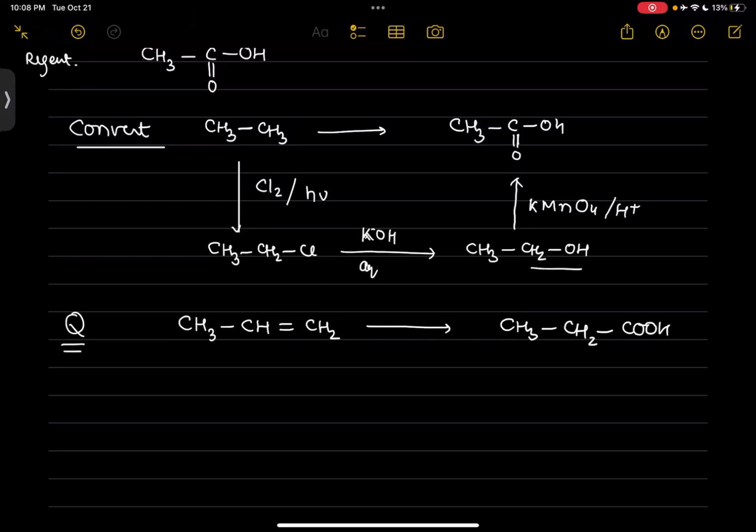So first get the OH, then do this, then get COOH. Okay, that's what you need to remember. So how to get the OH and where? Should I get OH on this outer carbon or should I get OH on the inner carbon?